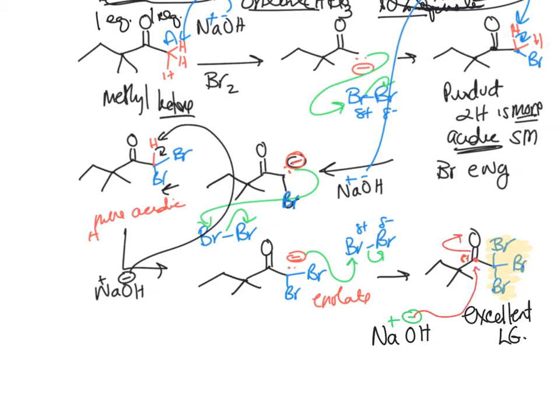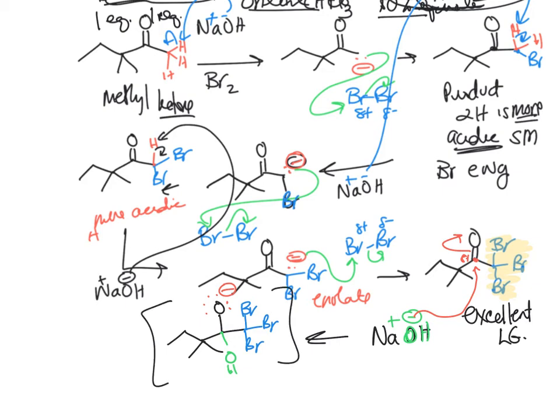You did this the first week of school in Organic 2. You made your tetrahedral intermediate. So we make a tetrahedral intermediate. I expect you to be able to write this mechanism. And there's your OH. Okay, so that's your tetrahedral intermediate. We'll write that down: tetrahedral intermediate.